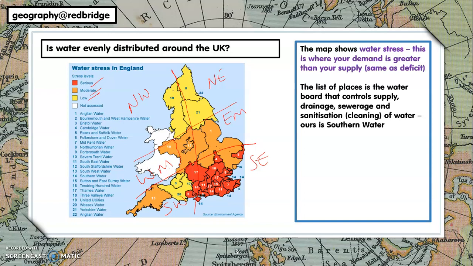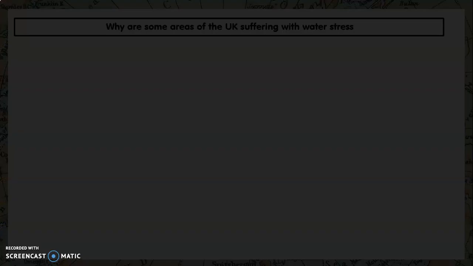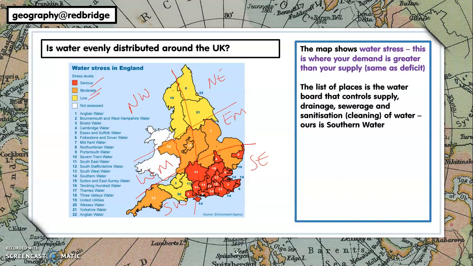So when you're starting to look at a distribute question, what we need to do, okay, we'll come to that in a minute, is you will need to look at areas that are in serious stress. And you should be talking about regions and potential towns that are in that area.